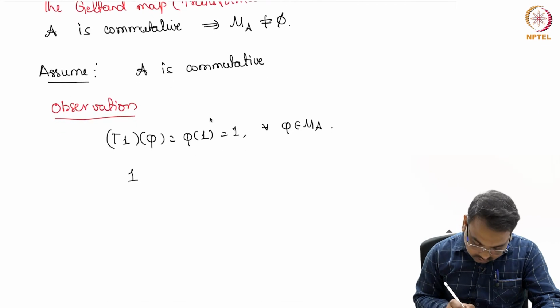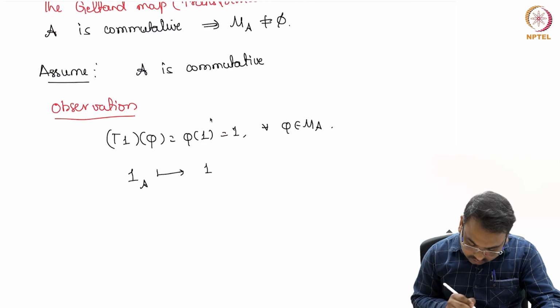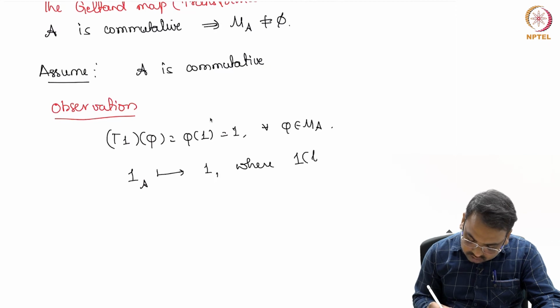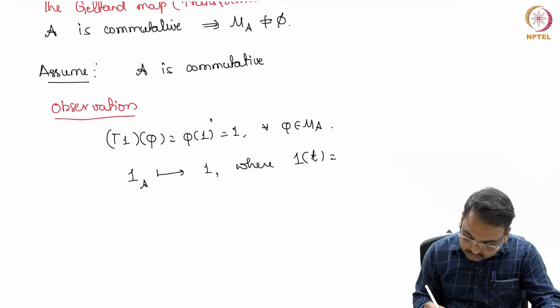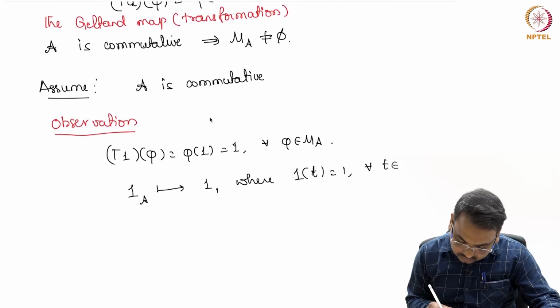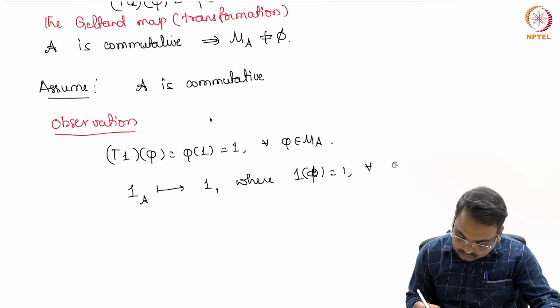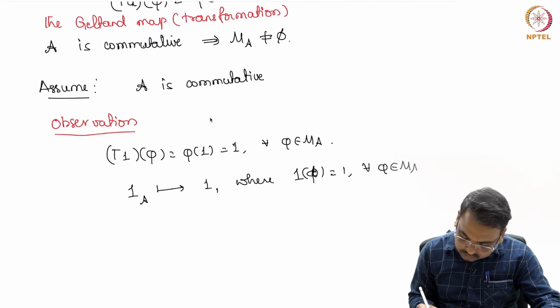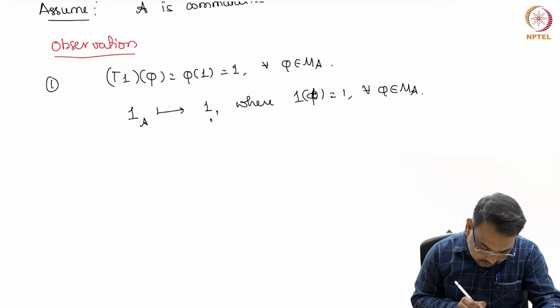So the unit of the Banach algebra is mapped to 1, where 1 is the continuous function whose value at every phi in M_A is the constant 1. Okay, this is the first.